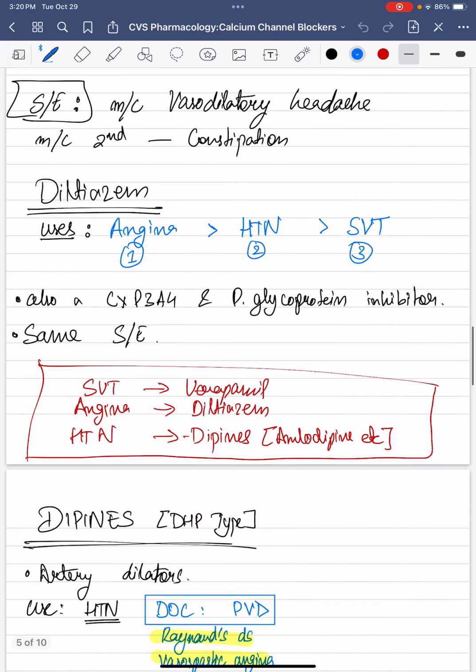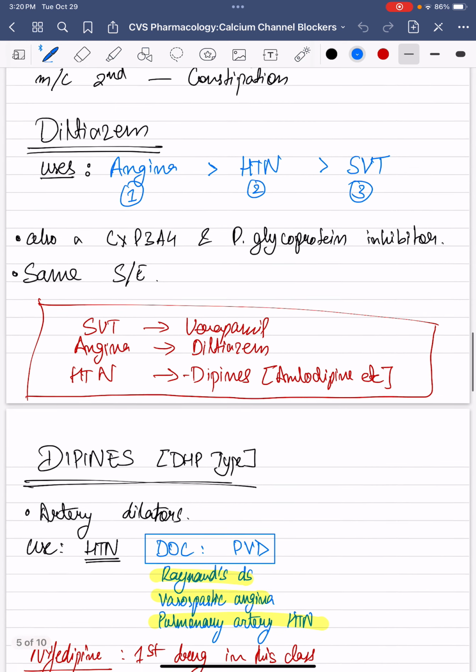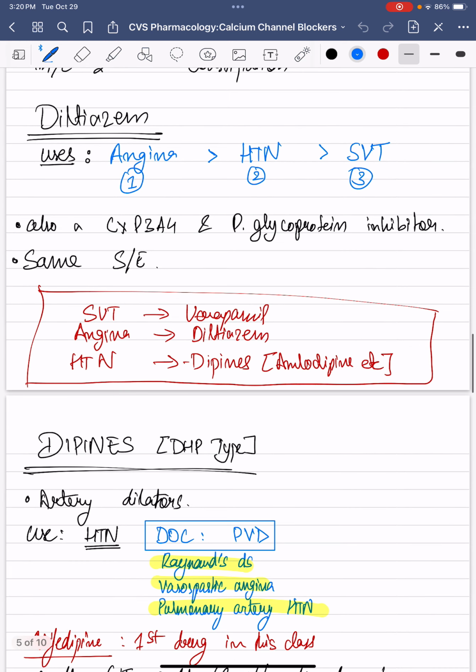Diltiazem is also similar to verapamil in that it is a CYP3A4 and P glycoprotein inhibitor. So it will also increase toxicity, including digoxin toxicity. It has the same side effects of vasodilatory headache and constipation.